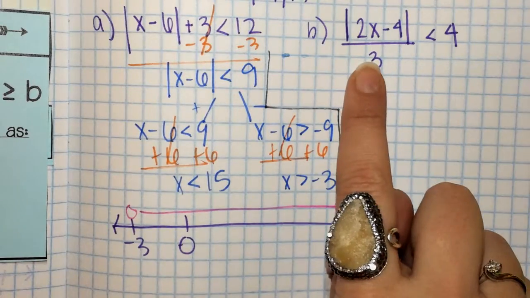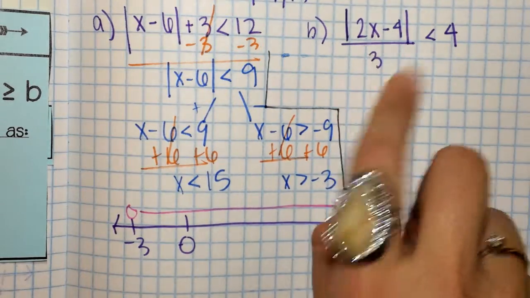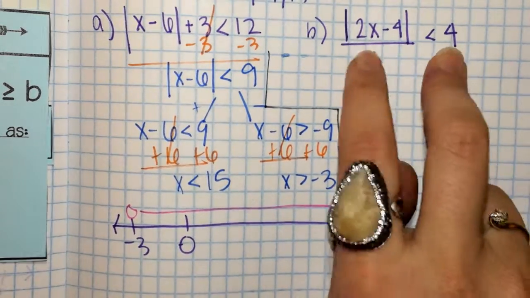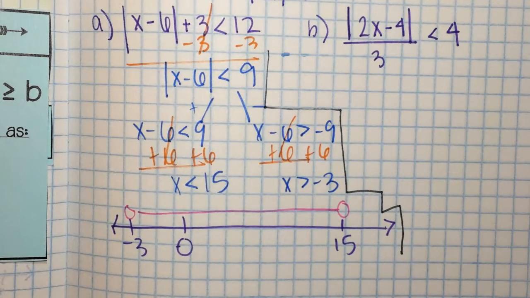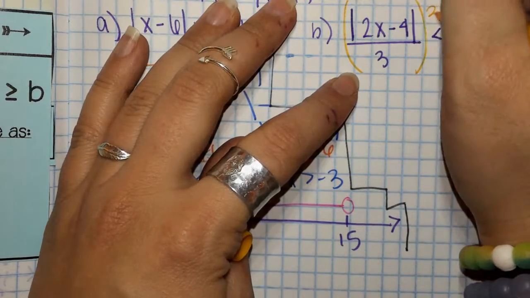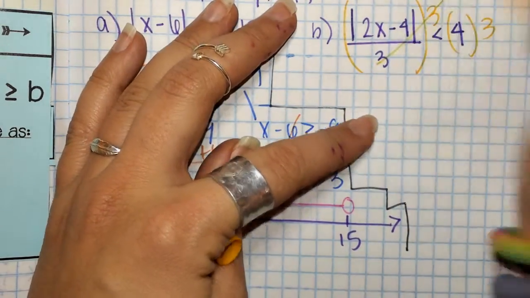Alright, so on this one, what is the first thing we do to isolate the absolute value? Multiply by... Woo! Look at us go.